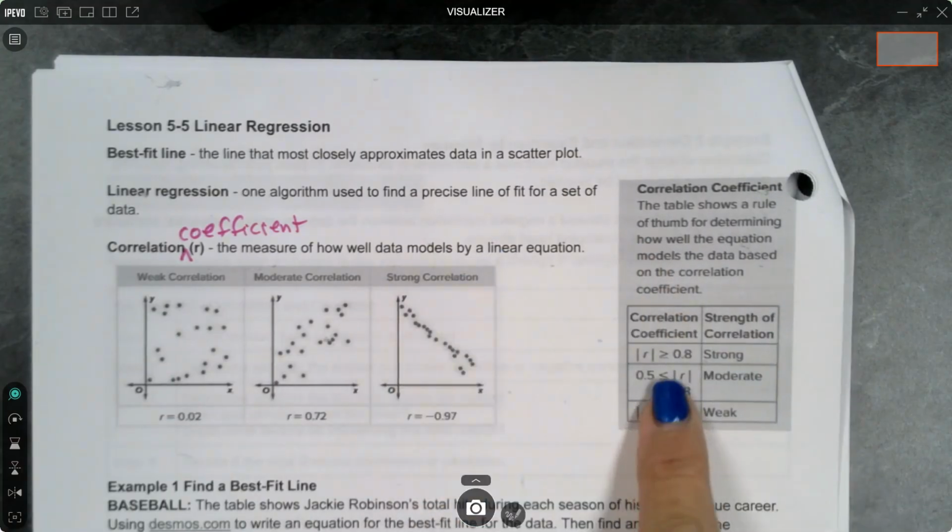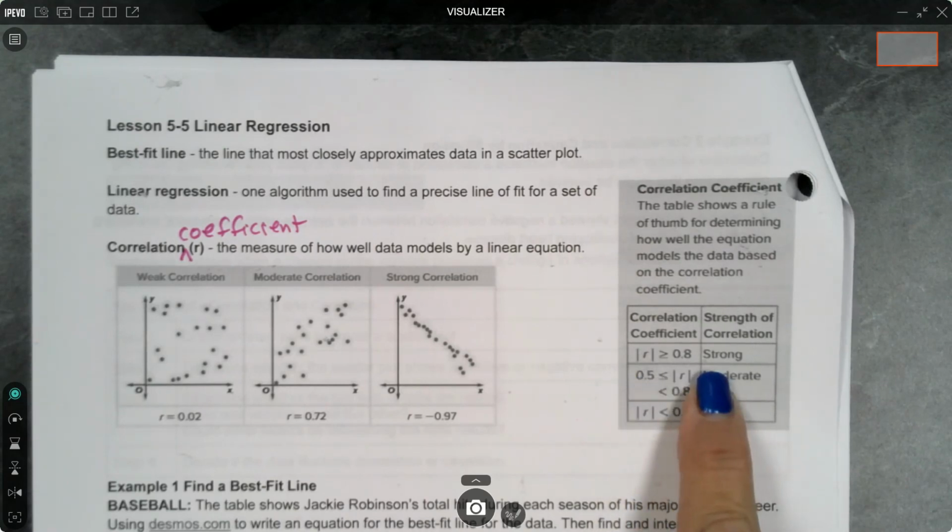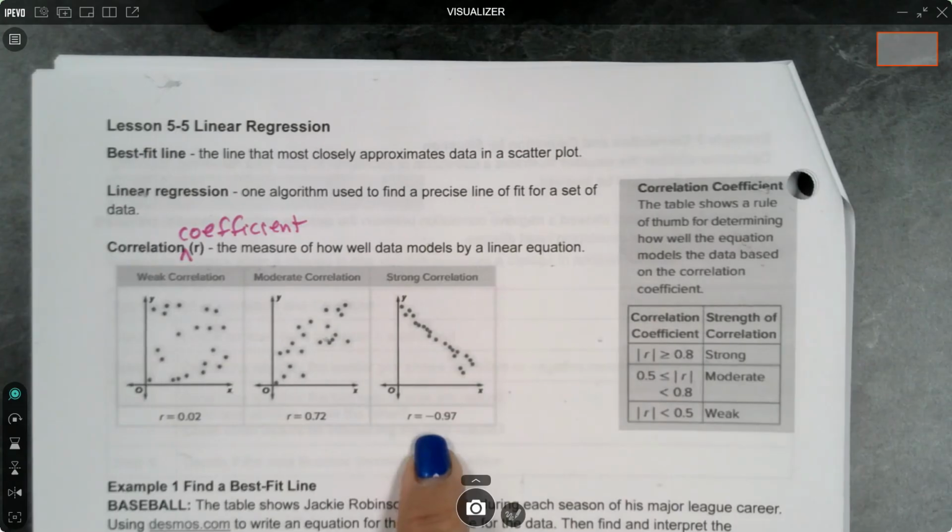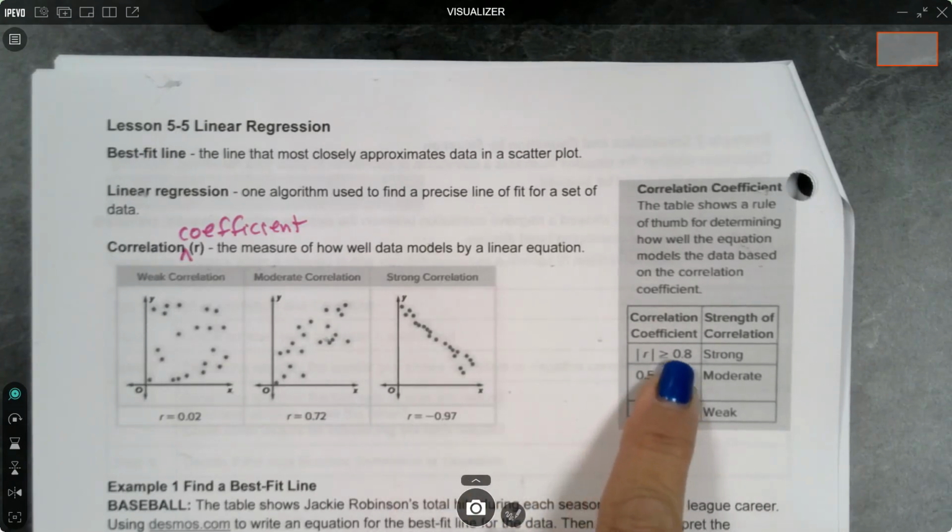So over here, it'll tell you that if the absolute value of R is greater than or equal to 0.8, then it's strong. Now you may say, well, this one says it's strong, but it has a negative. Yeah, if I plugged a negative into this right here, I would take the absolute value and it would become positive.